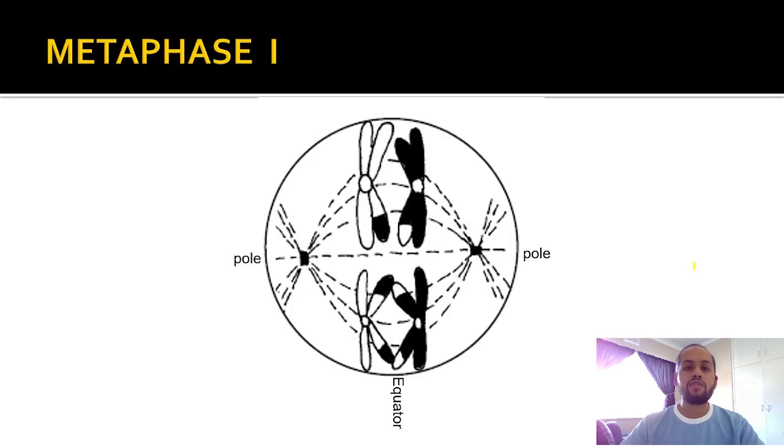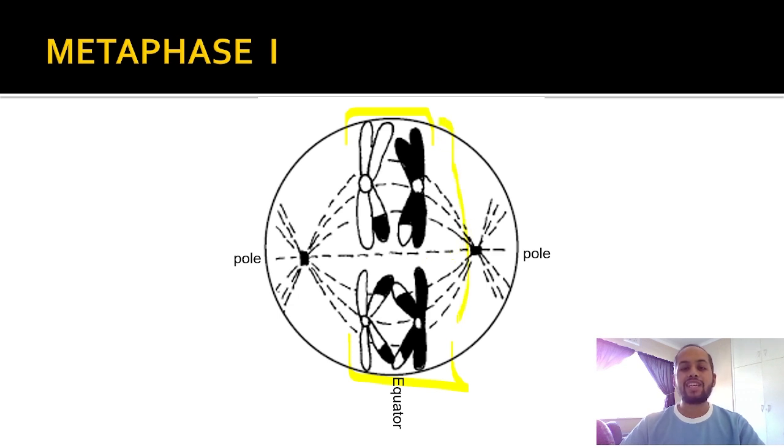If we now move over to metaphase 1, in metaphase 1 you will see that you still have your homologous chromosomes, but your homologous chromosomes are now going to be arranged on the equator of the cell. And when they arrange themselves on the equator of the cell, they are going to be doing this in a random way.